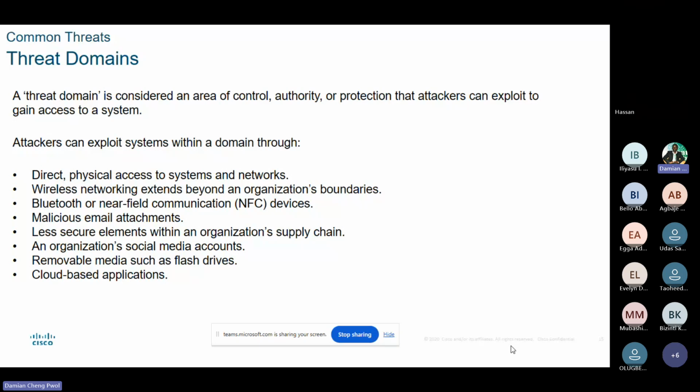So attackers can exploit systems within a domain through what? Direct physical access to systems and networks. So who are the attackers? These are guys that are after you, probably for money, probably to damage your reputation and other things.